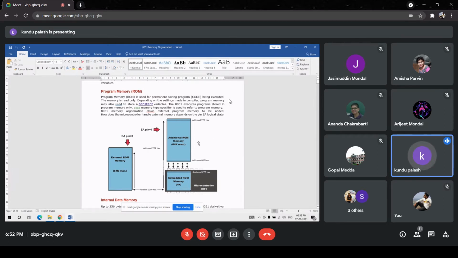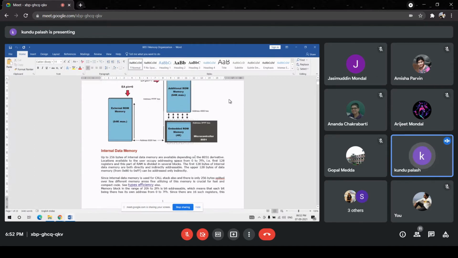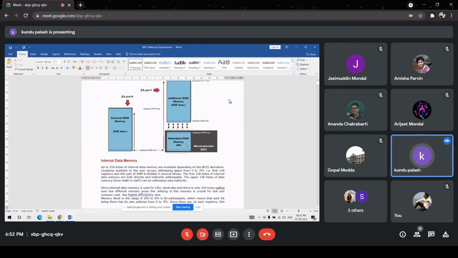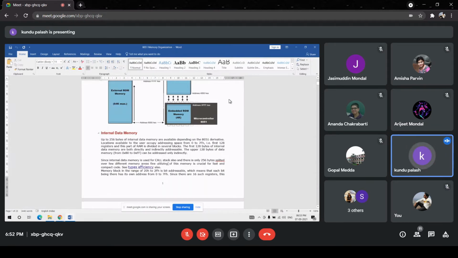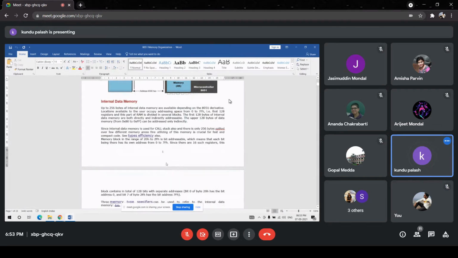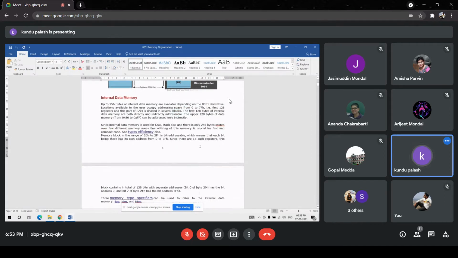But internally, the program memory is 4 kilobytes. That is called the embedded memory. So the internal program memory is 4 kilobytes in size. But what is the size of the data memory, the random data memory? That is only 256 bytes, very small.